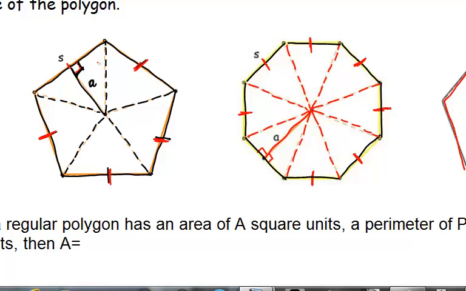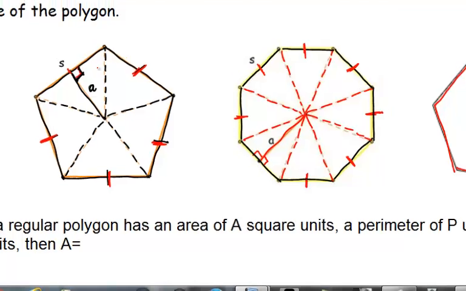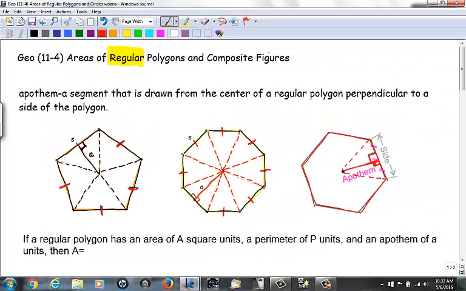And we're going to find the area of that. This is one that you would not have probably covered before. Another thing that you need in this is the definition of an apothem, or apothem, depending on how they pronounce it. If you take a look at the pentagon, the apothem is the perpendicular distance to one of the sides, all of these.